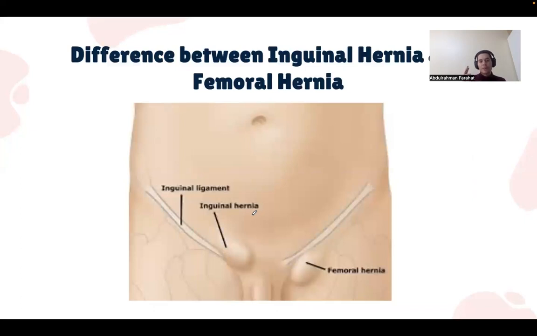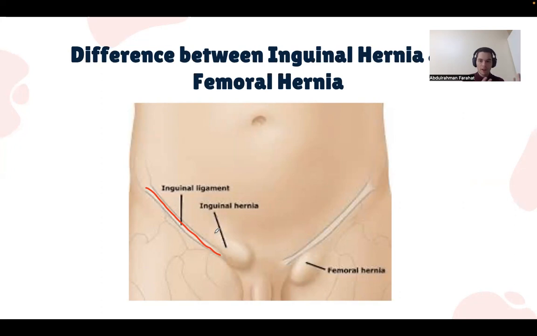Now here's a quick difference between the inguinal hernia and the femoral hernia. So the inguinal, you can see this is the inguinal ligament. We spoke a lot about it today, right? So any hernia that happens or starts above the inguinal ligament, that's an inguinal hernia. Anything below the inguinal ligament is the femoral hernia. You might ask, when the hernia drops to the scrotum, it's below the inguinal ligament.